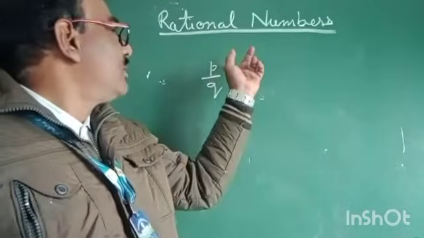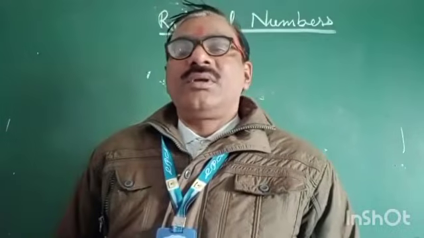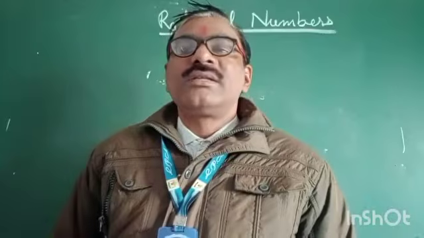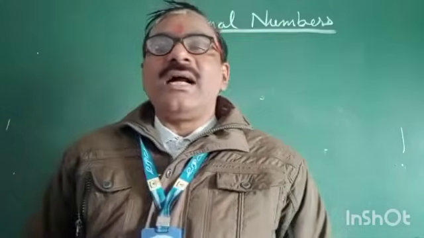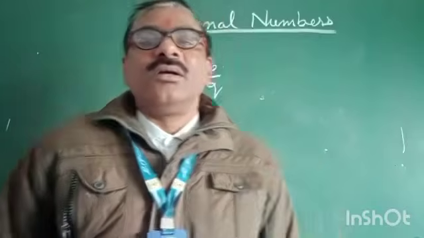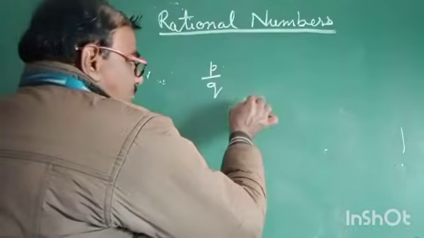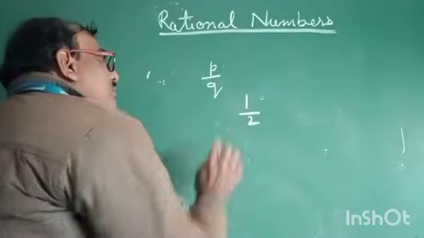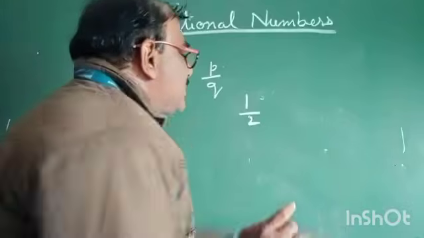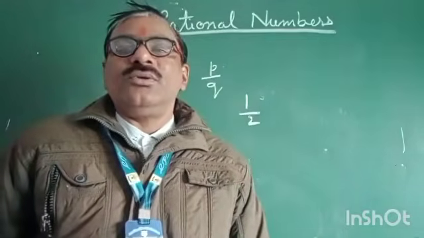If the numerator and denominator of any rational number have the same sign, then it is called a positive rational number. Suppose this is 1 by 2. Here 1 is positive and 2 is also positive.